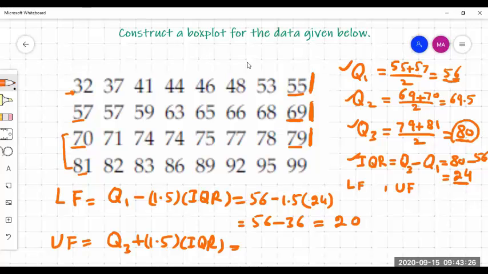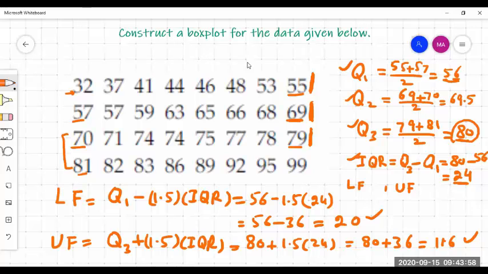So you say 80 plus 1.5 times IQR, and IQR is 24. So 1.5 times 24 is 36. So 80 plus 36 is equal to 116, right? So this is your upper fence, and this is your lower fence.